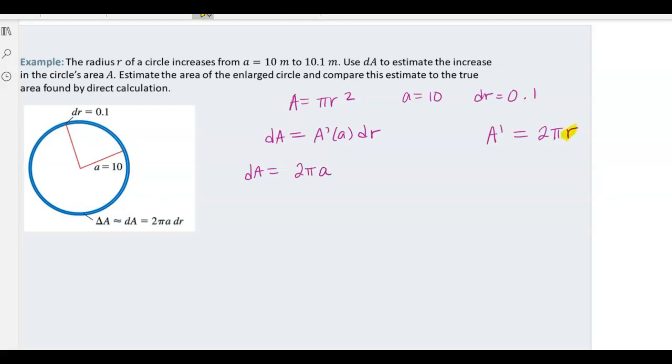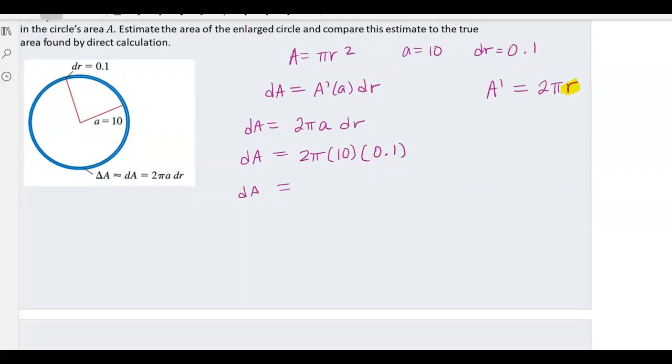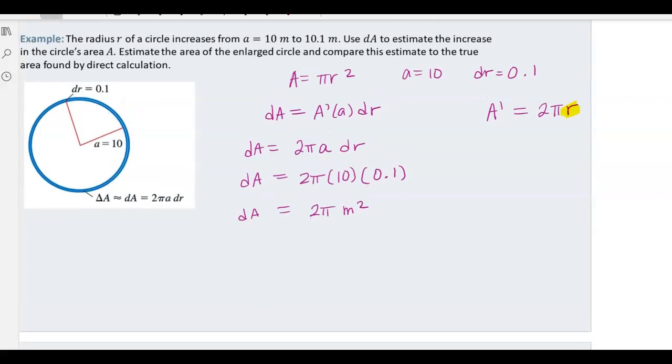What I did is I put a here instead because we're taking the derivative at the point a. And then dr, plugging in what we know, 2 pi, a is 10, dr is 0.1. So it looks like we think that the change in area is going to be about 2 pi meters squared, right? Because we're talking about an area.